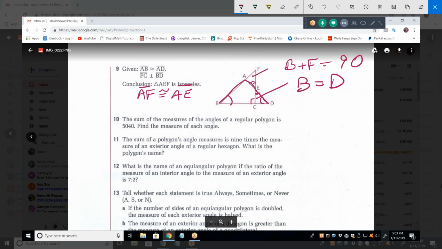Let's see. B is equal to D. B is equal to 90 minus F. Therefore, D plus F equals 90.